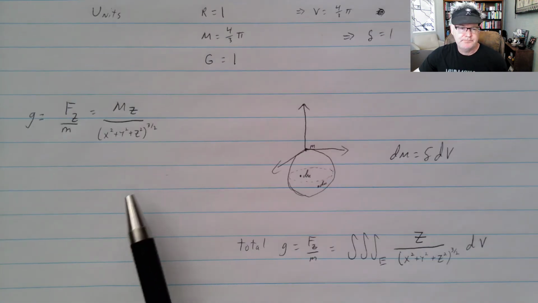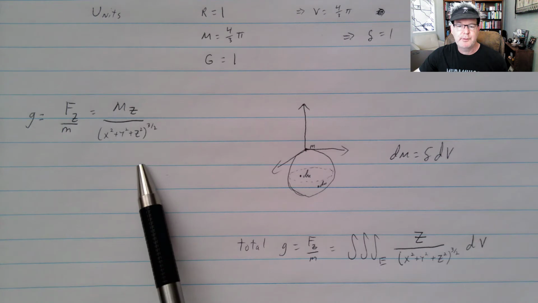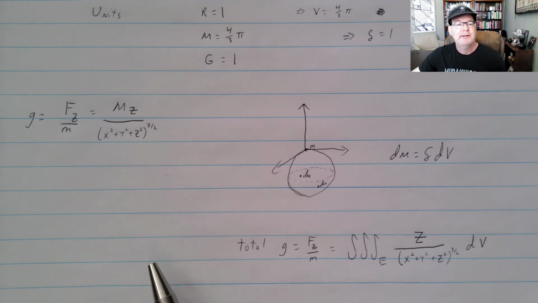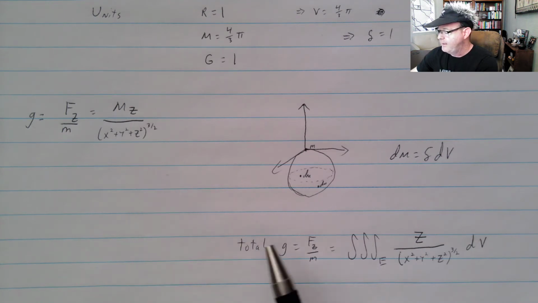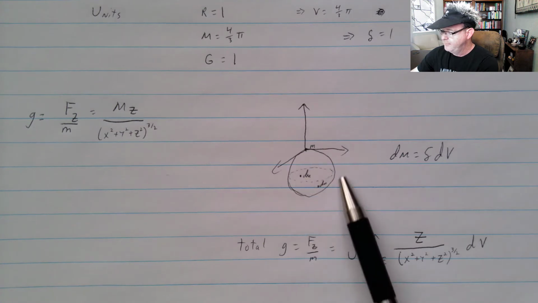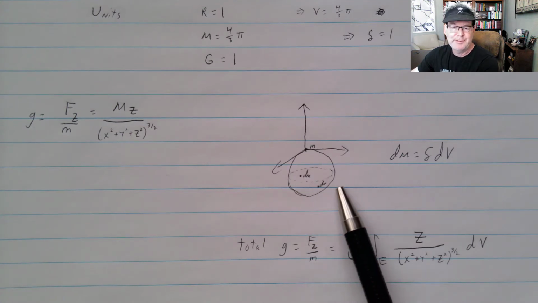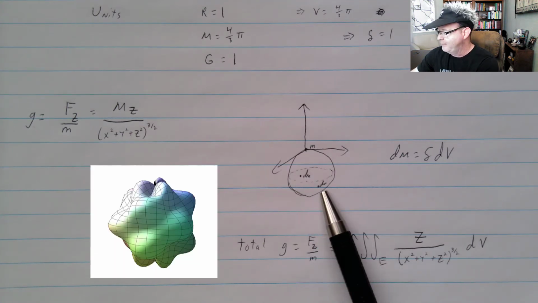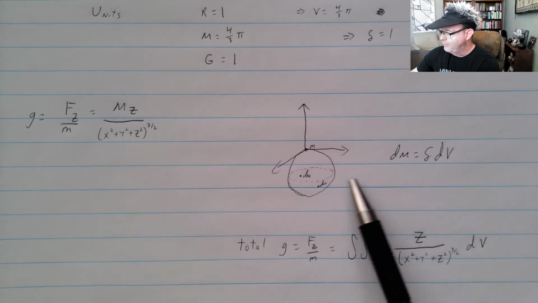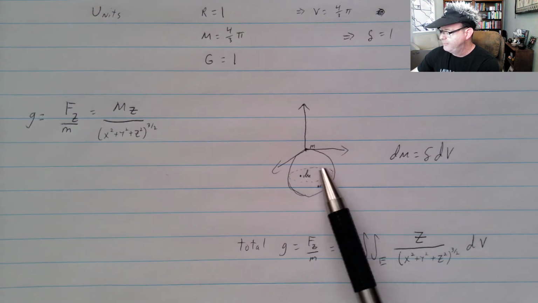So then the gravitational pull from a mass somewhere is given by this, as we said. And let's say I have some shape. This one looks a lot like a sphere, but it could be whatever shape. We've got all sorts of infinitesimal masses everywhere.